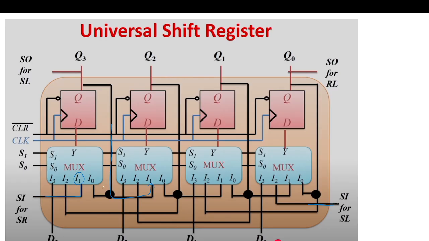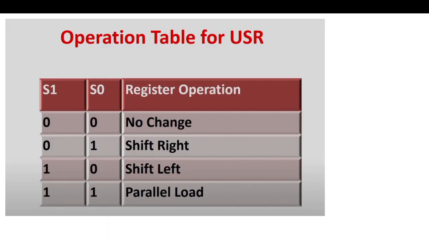And if it is a retain state, it should be retaining it here. And parallel should be coming from here. And if you want to shift it from this side, if it is connected here, then this S2 should get this output. So in this way, left shift, right shift, and then no change, parallel.